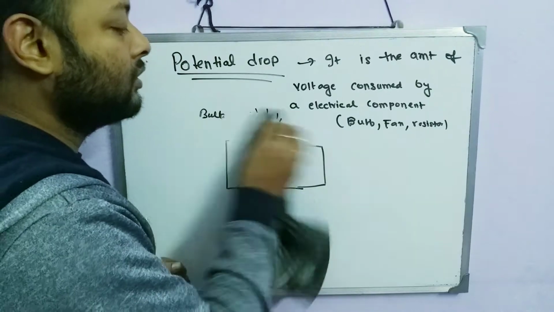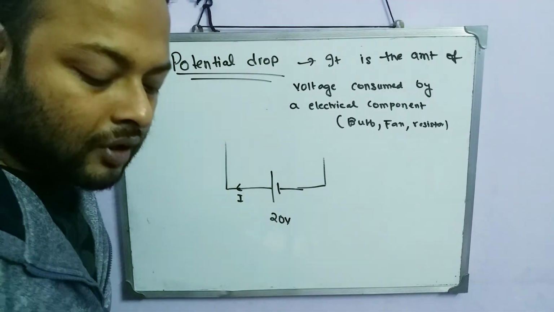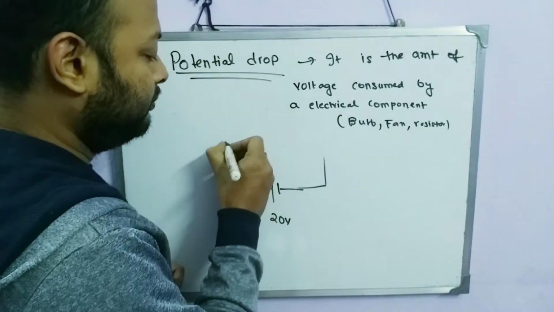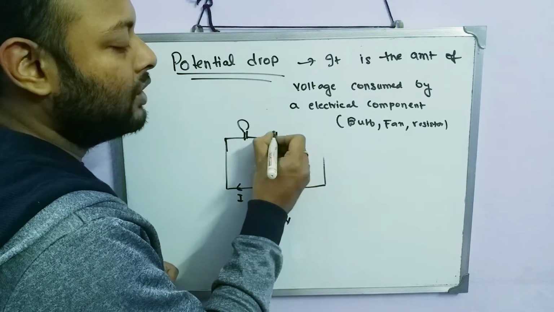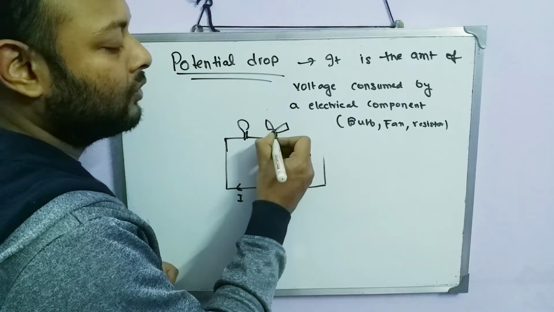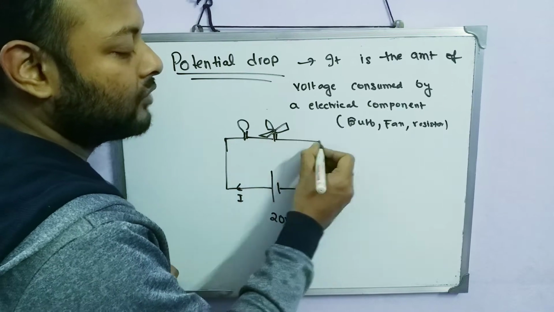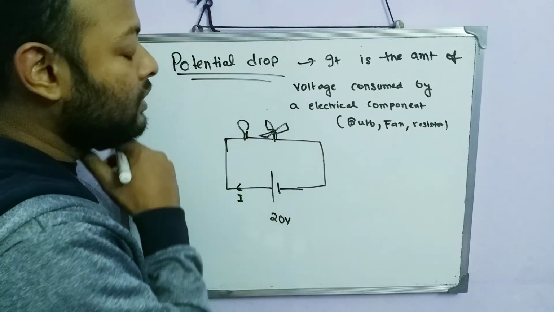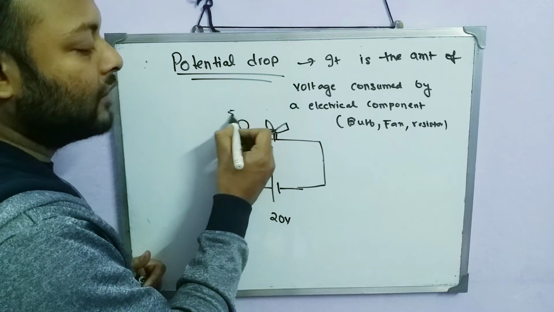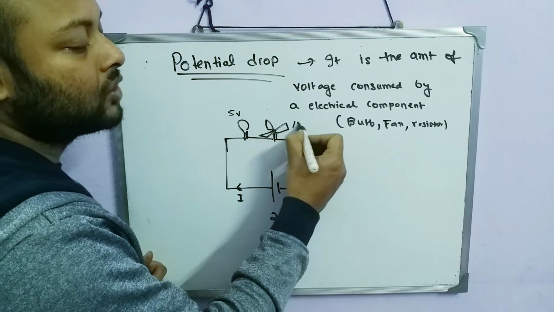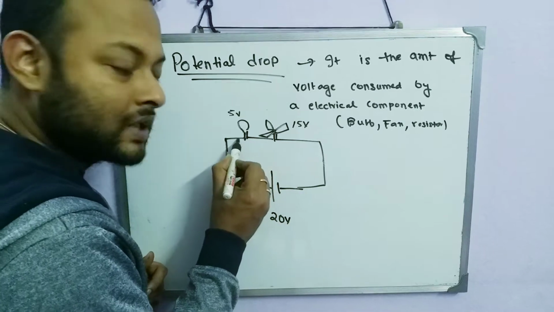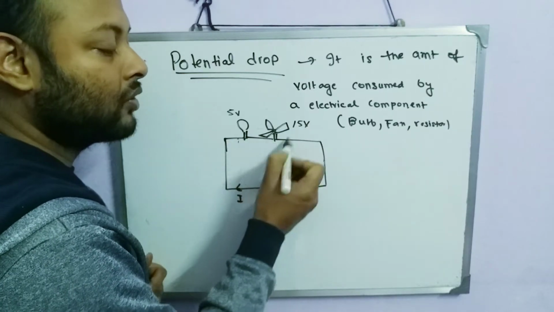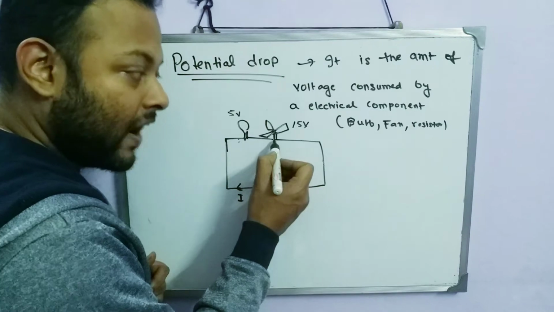Suppose you consider another situation. You have a bulb and then you have a fan. This is not exactly looking like a fan, but say this bulb consumes 5 volt and this fan consumes 15 volt. So the potential drop across this bulb is 5 volt and the potential drop across this fan is 15 volt.